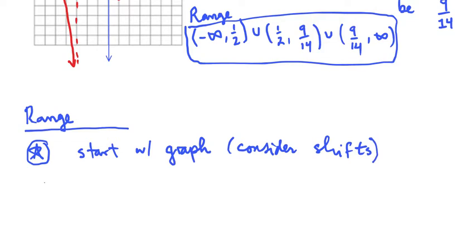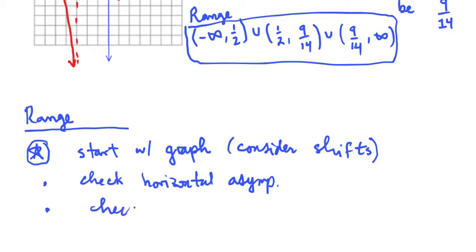Then you would check for all of the horizontal asymptotes, and also check for any holes, because the holes actually contribute quite a bit to the final solution in finding the range.